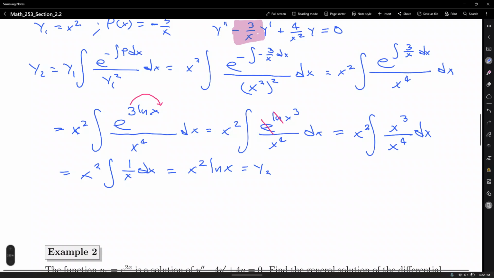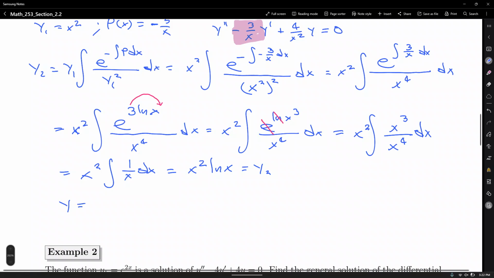Again, for a higher order differential equation, we write the solution as a linear combination of the two solutions, or three solutions, or more solutions, depending on how many we have. In this case, since this is a second order differential equation, we will use two terms.